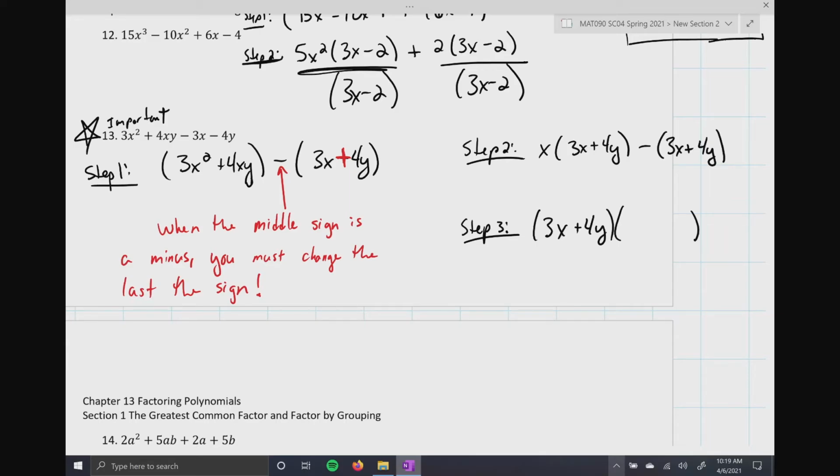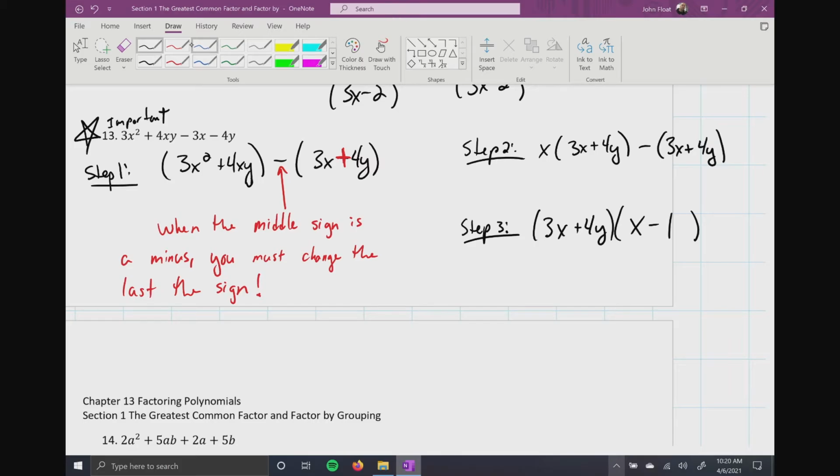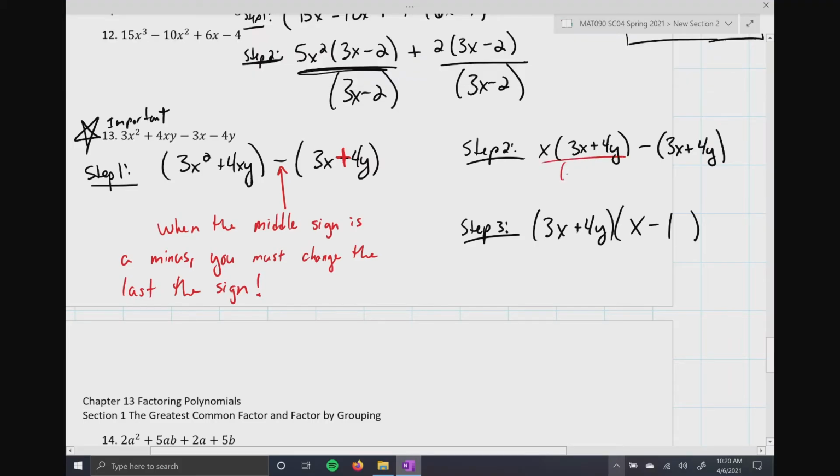Very, very good. Now, can you explain why we get the x minus 1? Because I guarantee you this, Jada, there's going to be at least one person in the room right now that has no idea where that minus 1 came from. I divided both terms by 3x plus 4y, and for the second term, I got 1. I don't know how to explain. You are absolutely correct.